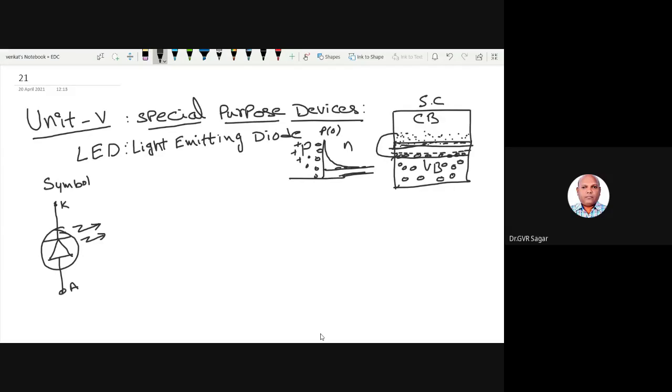This happens when the diode is in forward bias. How does this happen? We are assuming that the electrons are at a higher energy level, there is a gap, and the holes are at a lower energy level. When an electron jumps or moves into the valence band or acceptor energy level, it fills the hole, right?